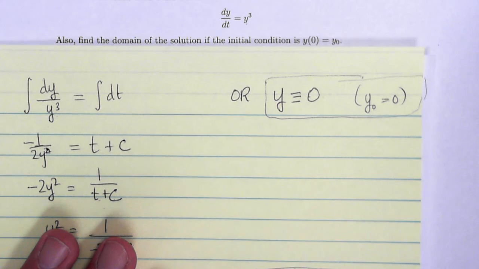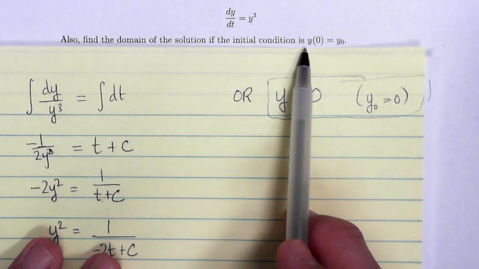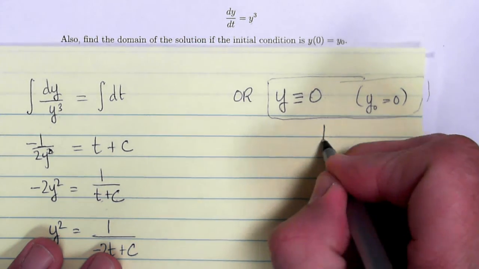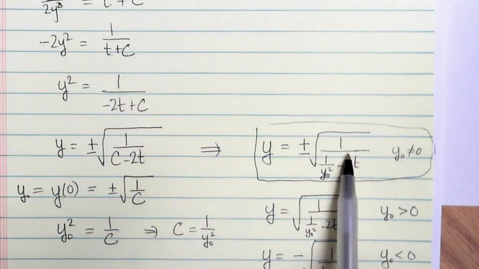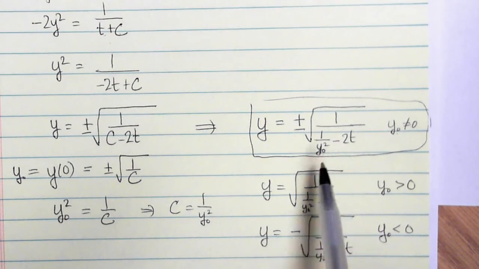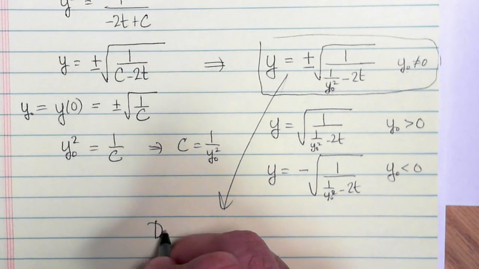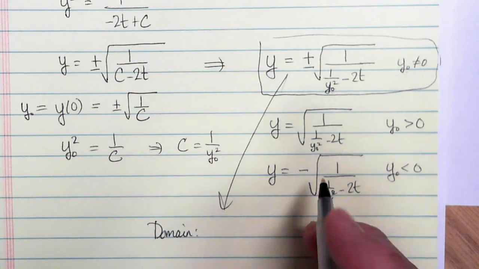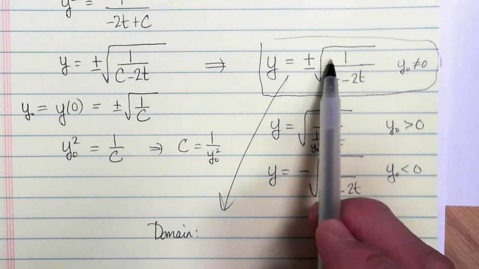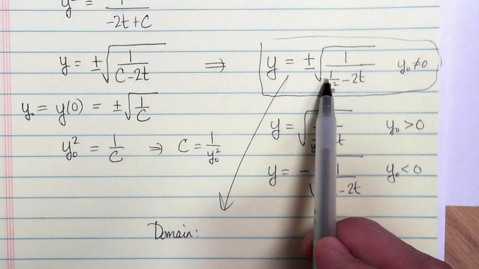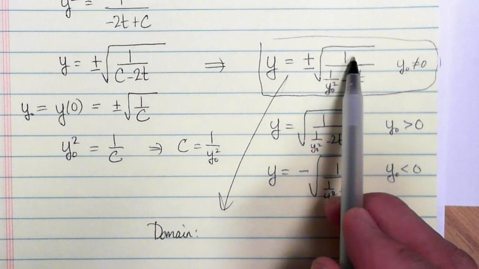Okay. Also, to determine the domain of the solution if the initial condition is y(0) equals y naught. Clearly here the domain of the solution is all real numbers. Over here, the domain is a little bit more thoughtful. We're good here as long as the thing under the square root is positive. So that means that the denominator has to be positive. 1's already positive.